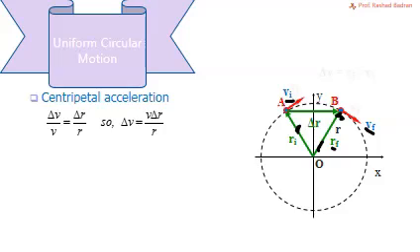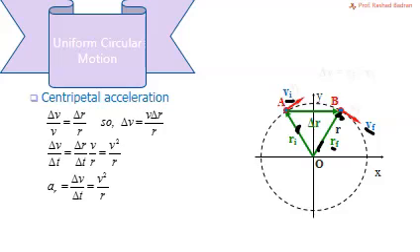Then if you look at the figure, you see that delta v over v is equal to delta r over r, and that gives us the equation delta v equals v delta r over r.